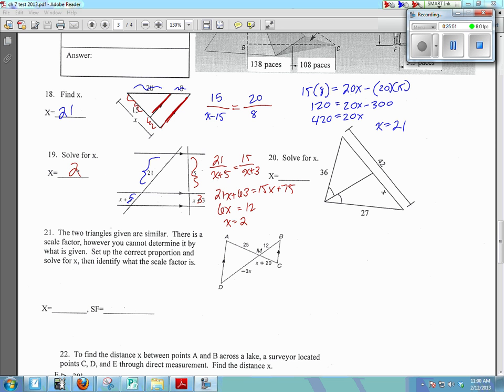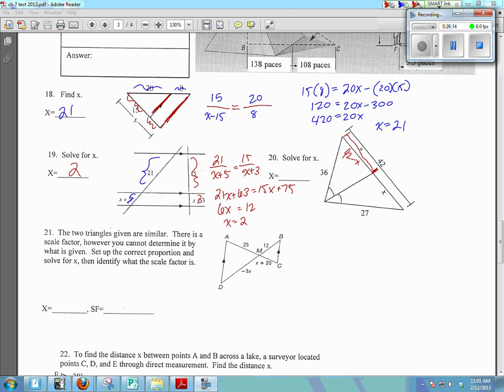So that's 2. This question, if you remember, if we have an angle bisector inside a triangle, that angle bisector is going to cut these sides up, or this side over here that has a 42 and an x on it, so it's proportional. This distance here is going to be 42 minus x. That's that distance right there.